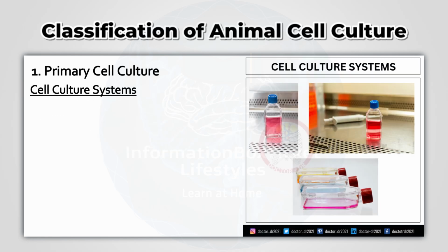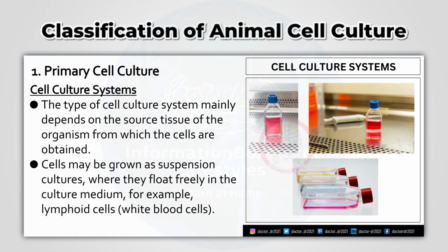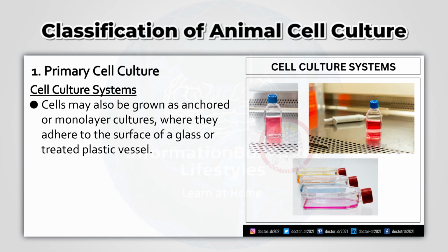Cell culture systems. The type of cell culture system mainly depends on the source tissue of the organism from which the cells are obtained. Cells may be grown as suspension cultures, where they float freely in the culture medium. For example, lymphoid cells, white blood cells. Cells may also be grown as anchored or monolayer cultures, where they adhere to the surface of a glass or treated plastic vessel.